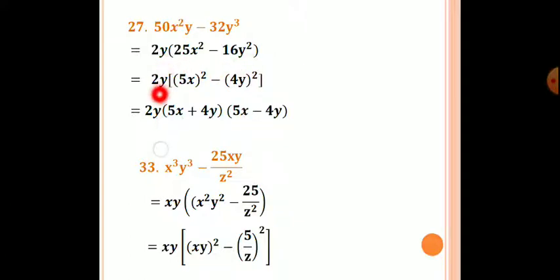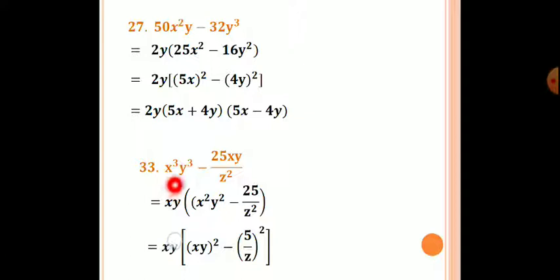So 2y is common, we can write 25x square as 5x whole square minus 16y square, which can be written as 4y whole square. Now it is in the form of a square minus b square. So taking 2y common, we can write it as 5x plus 4y and 5x minus 4y.